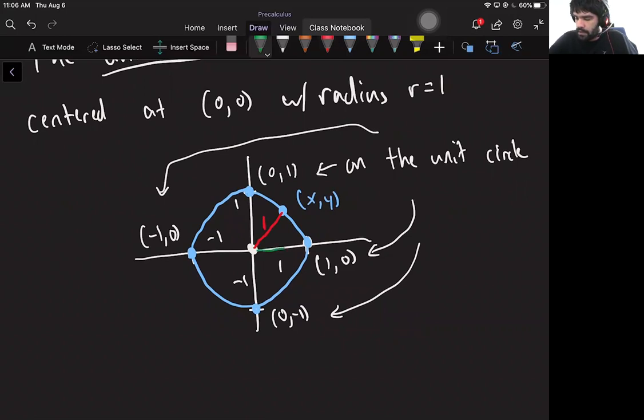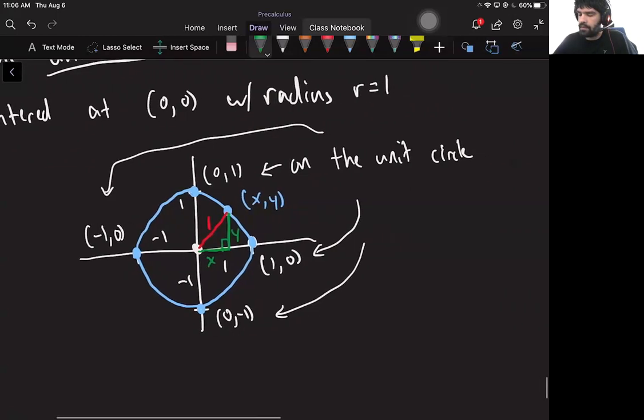And then, what about these green sides here? How far away are those? Well, this bottom green side, because the coordinate is x, y, that means I'm going over x and I'm going up y. And I'm making a right triangle because I'm just dropping that line straight down.